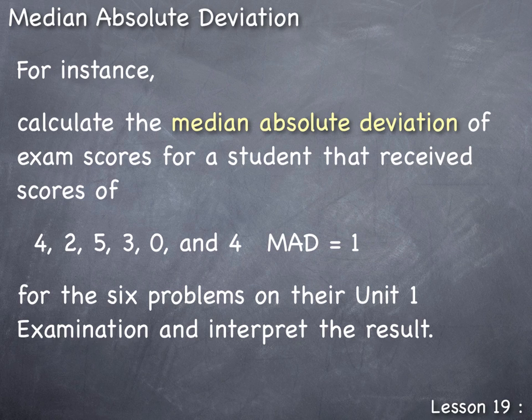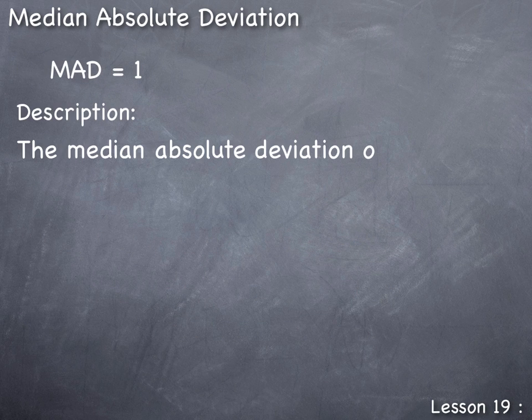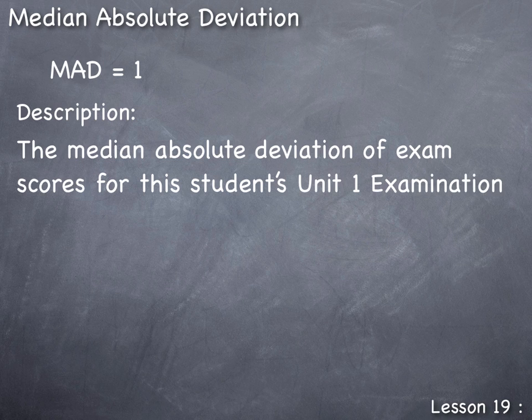Now that we've calculated the median absolute deviation, we now need to use words to interpret the result. Merely stating the result in words is describing the result. So saying the median absolute deviation of exam scores for this student's Unit 1 examination is 1 is merely a description. An interpretation gives meaning or explains this result.